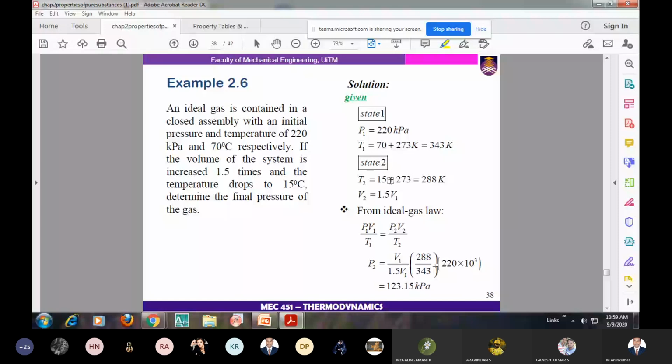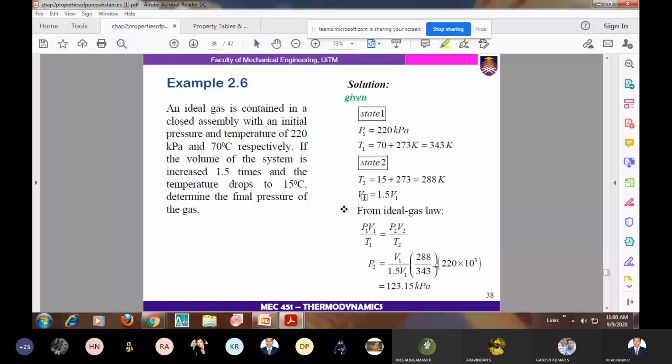We can convert this into Kelvin, so 288 Kelvin. So temperature at state 1 will be higher and temperature at state 2 will be lower. Then we have volume 2, that is 1.5 times of volume 1.